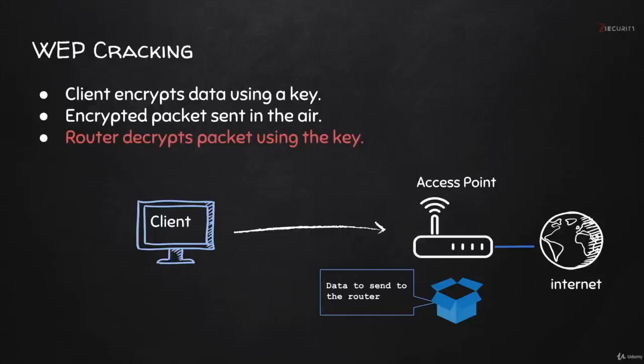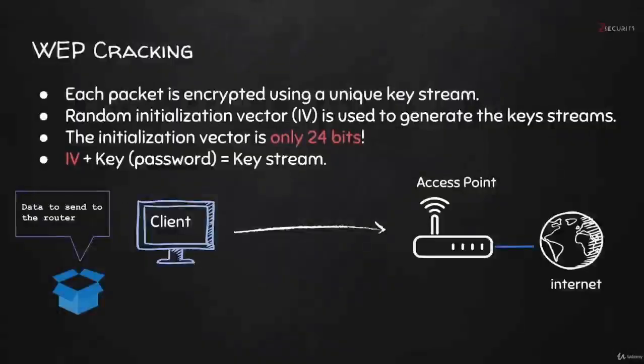To understand this, let's zoom in a little bit more on each step. Going back to the first step, we have the client trying to send data to the router, and the data that it wants to send is data to send to the router. In order to encrypt this, WEP tries to generate a unique key for each packet. Literally each packet that's sent into the air, it tries to create a new unique key for it.